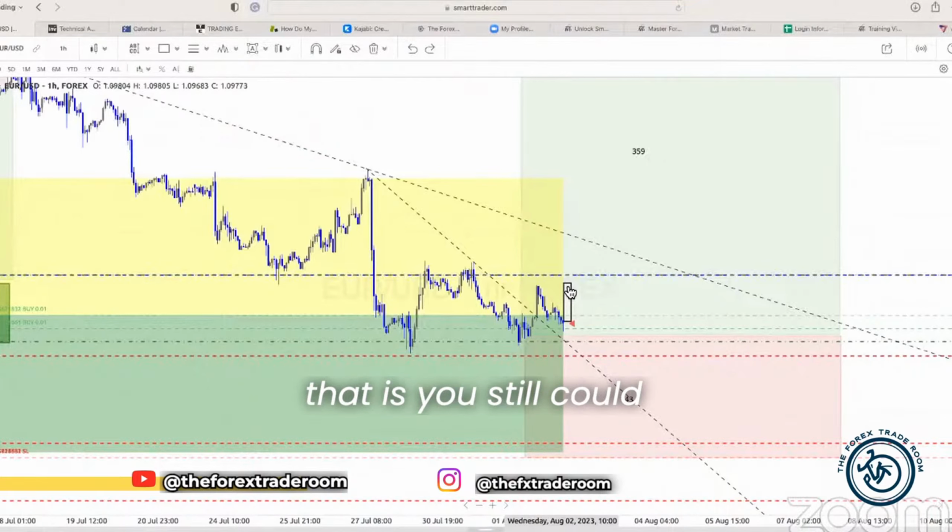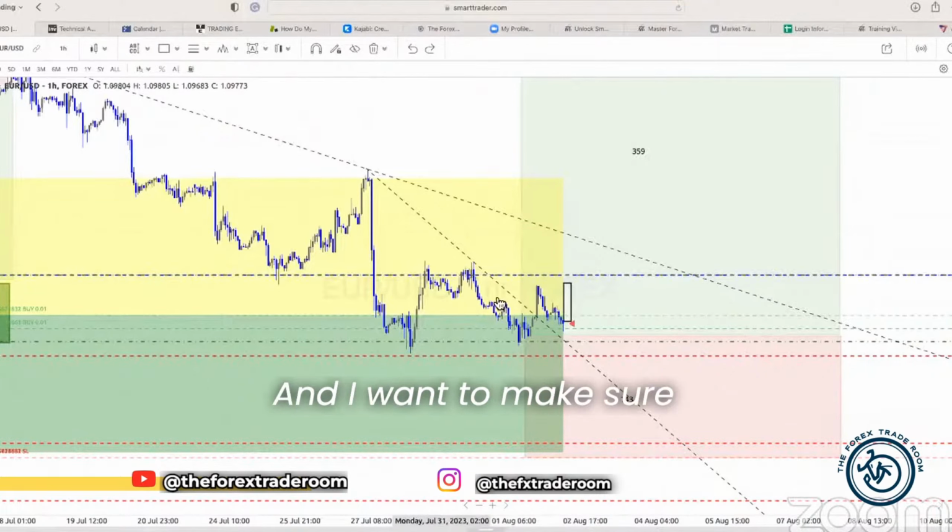The reason I'm asking that is you still could potentially get some drawdown here, right? And I want to make sure that you're thinking through that and you're ensuring that when you feel the fear, you go back to your trading plan and you look at your yes and no questions, right? Not being afraid of the drawdown because drawdown is going to happen, right?